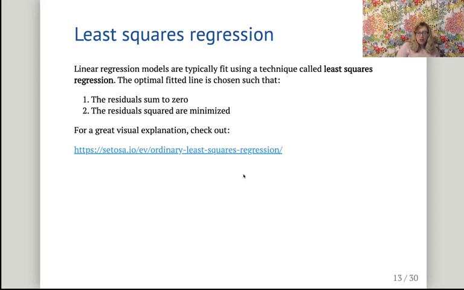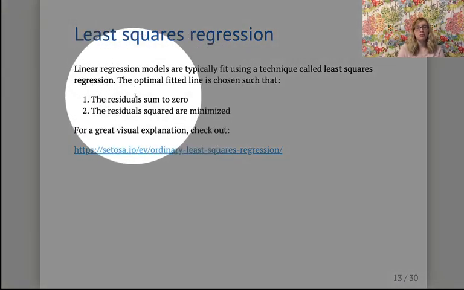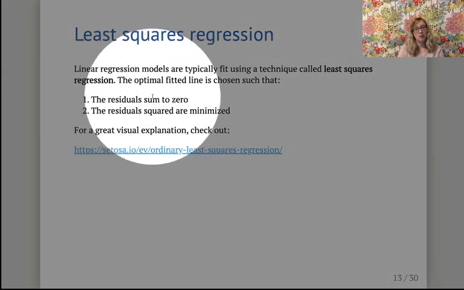Now, you may be wondering where we get this linear regression model. Typically, we choose these using a technique called least squares regression. The basic idea of least squares regression is that we would like to choose the fitted line to satisfy two criteria. First, we'll make sure that the residuals, or those error terms, sum to 0. Some residuals will be negative, some will be positive.